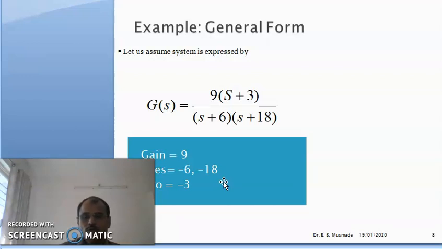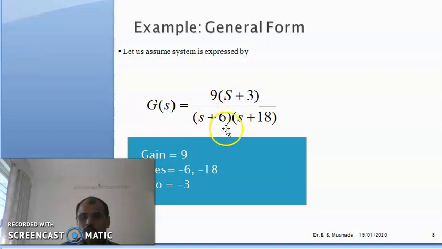So if you put this in a pole-zero plot in the complex domain, then all poles and zeros appear in the left hand side. To understand the meaning of zero, if you put s equals -3, which is the location of the zero in this example, then this transfer function vanishes or becomes 0, and that's why the term is called a zero.